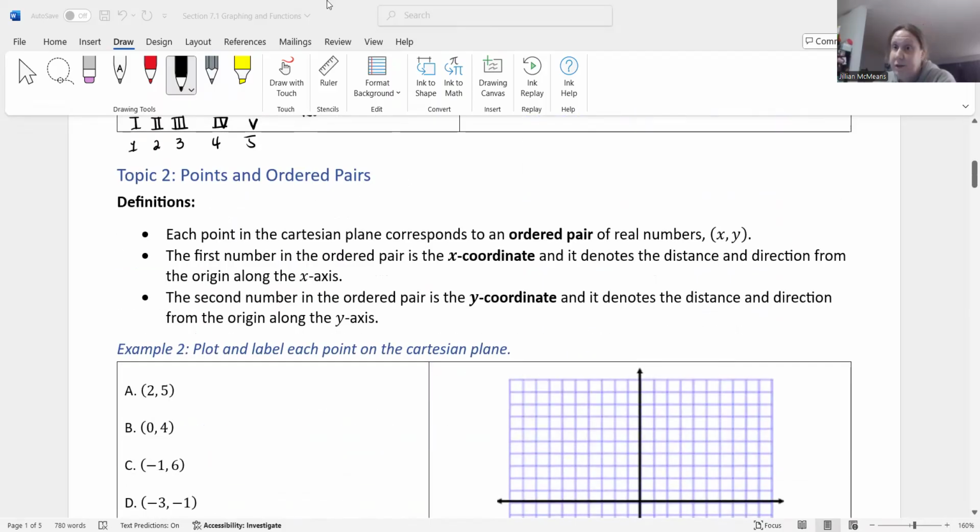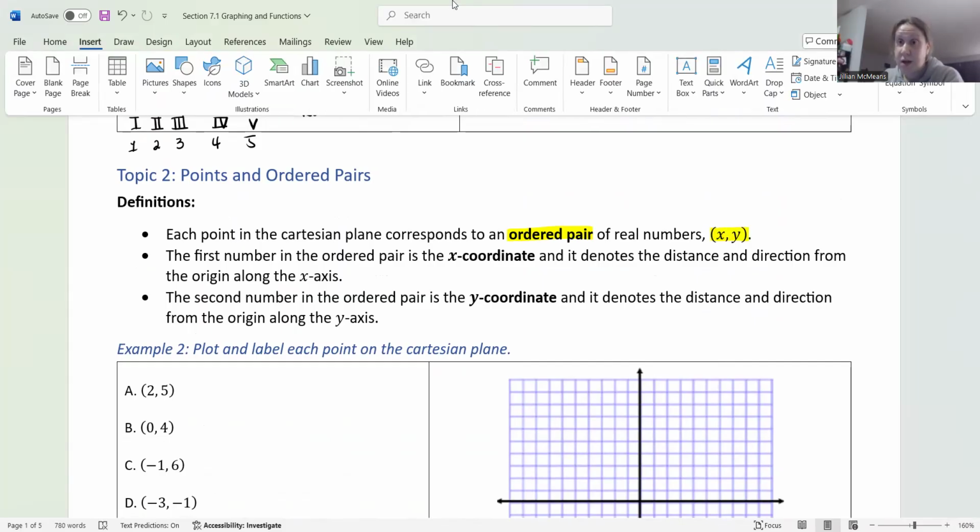We have here some definitions again. So each point in the Cartesian plane corresponds to an ordered pair of real numbers, and the format of an ordered pair is some x coordinate, comma, some y coordinate, and the order does matter. It is x first, y second, okay? The first number in the ordered pair is the x coordinate, and it denotes the distance and direction from the origin along the x-axis.